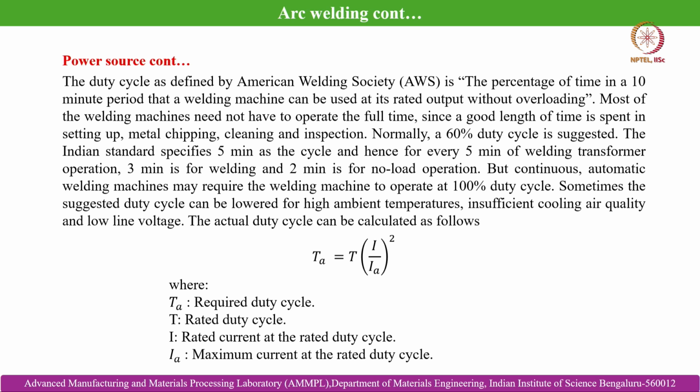The actual duty cycle can be calculated as follows, where TA is the required duty cycle, T is the rated duty cycle, I is the rated current at the rated duty cycle, and I subscript A is the maximum current at the rated duty cycle. If we know these parameters, we can calculate the required duty cycle. These are some attributes from the practical industrial usage point of view.